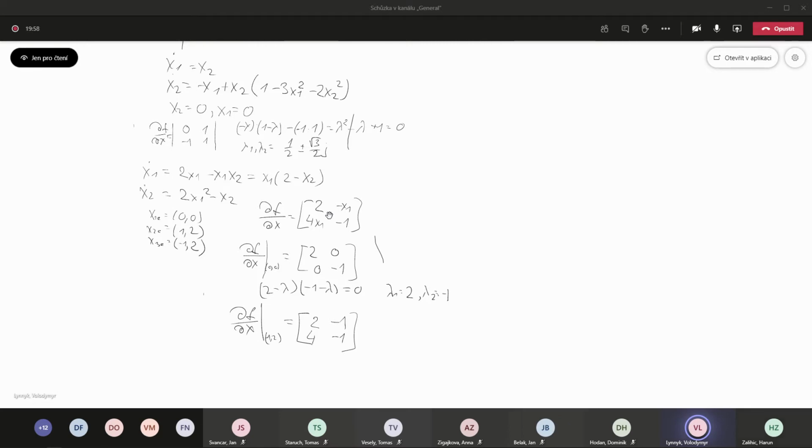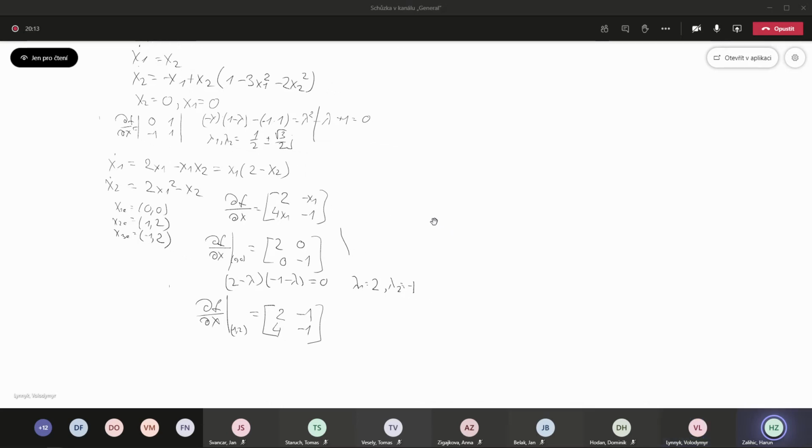Here is 2 minus x1, 4x1 and minus 1. I think it's correct. When you do a derivative of the first one, where is 2, shouldn't it be like 2 minus x2?